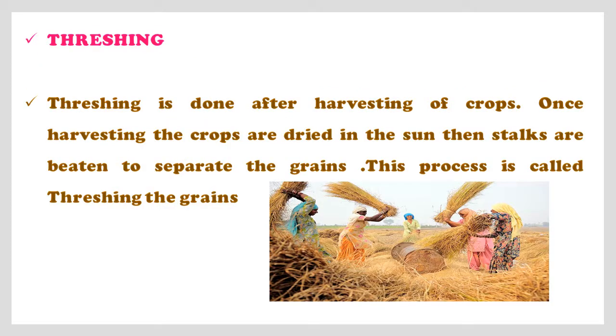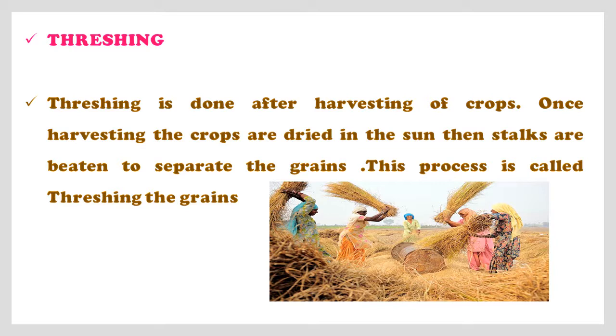Children, next one is threshing. Threshing is done after harvesting of crops. Once harvested, the crops are dried in the sun, then stalks are beaten to separate the grains. This process is called threshing the grains. Observe the image. It can be done by hand, by cattle, or by using machines.